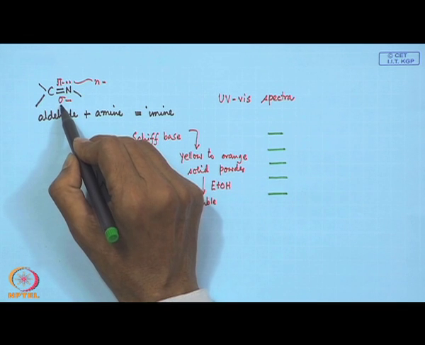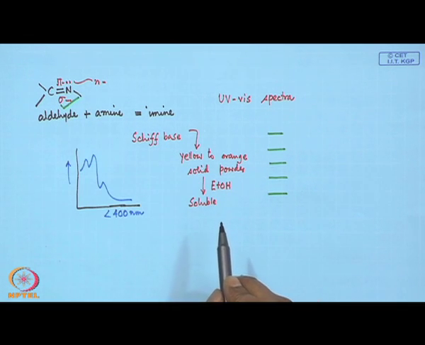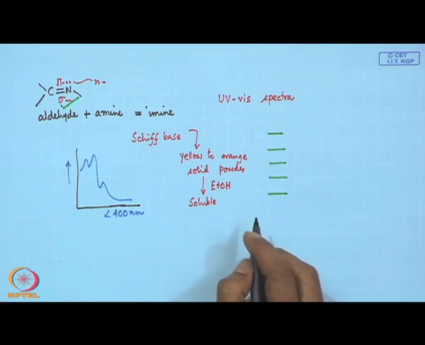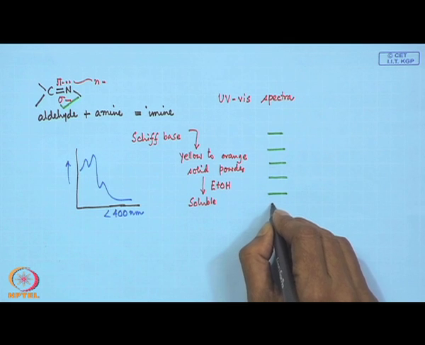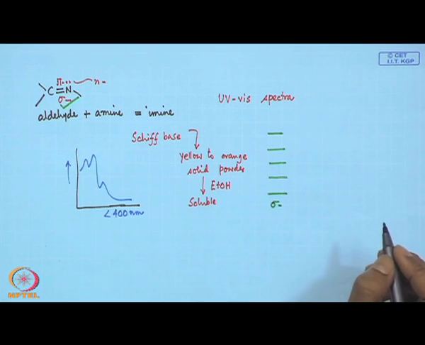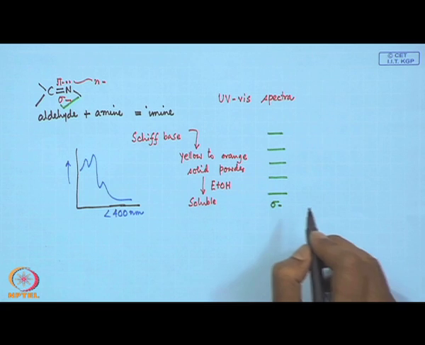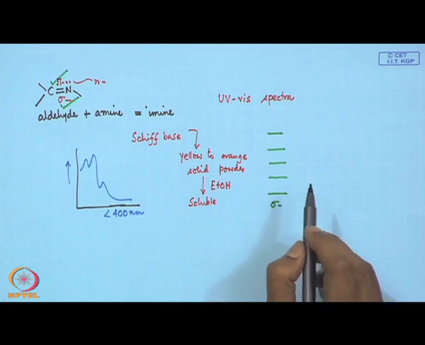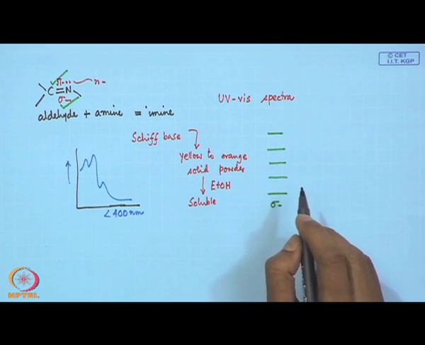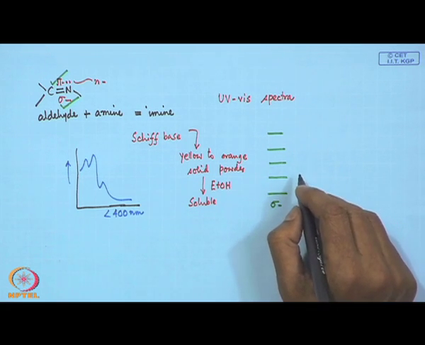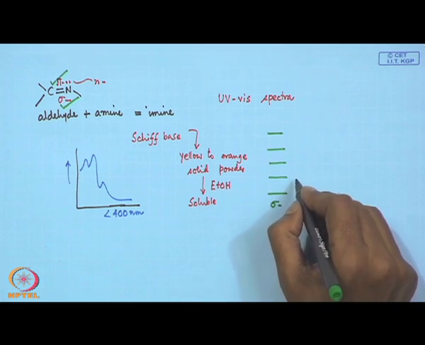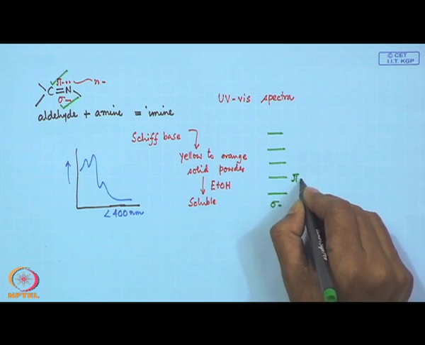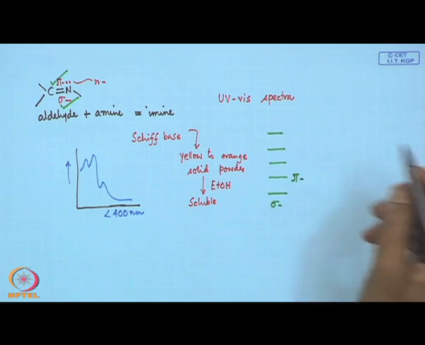So, when we have these sigma bonding interactions for the atomic orbitals of the carbon atom and the nitrogen atom, we have the corresponding sigma bonding level with those electrons occupying the sigma level. Then we have the pi electrons, with a little weaker interaction between the pi symmetric orbitals from the carbon side as well as from the nitrogen side, giving rise to the pi level.